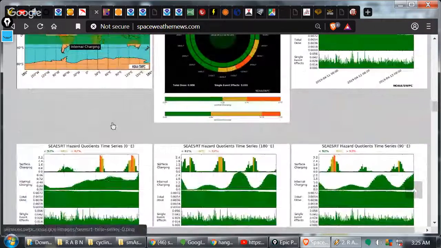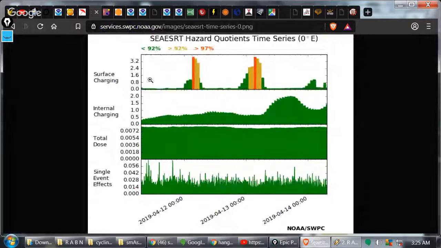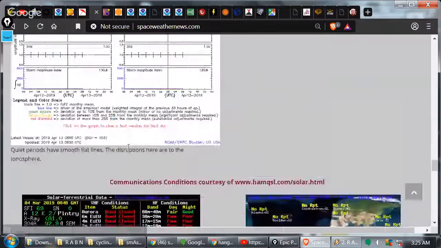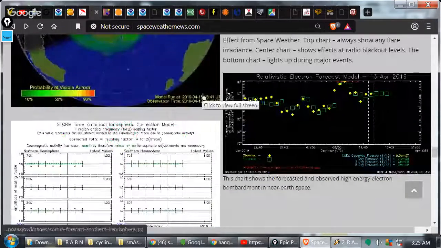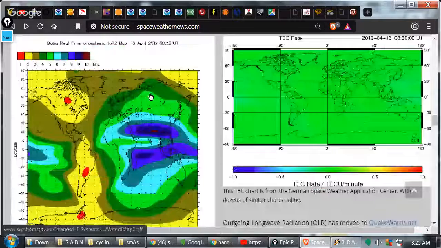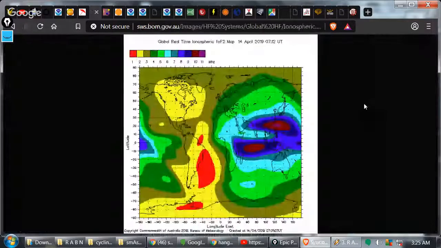You saw me hit refresh, right? All right, just checking. Here's the F2 layer, because we've got to get off this page as soon as possible because it's not loading right. Somebody's servers are not appreciating the 3 o'clock in the morning live stream. Here's the current F2 ionosphere layer, and it's looking pretty discharged on the night side and pretty charged on the day side.